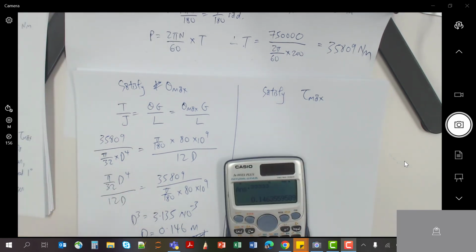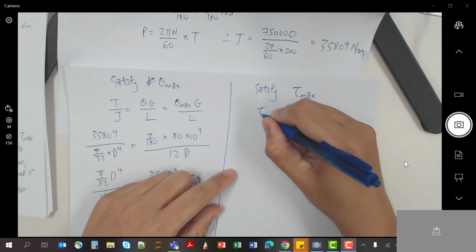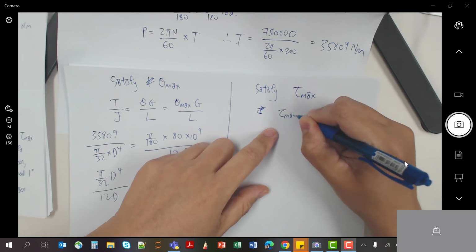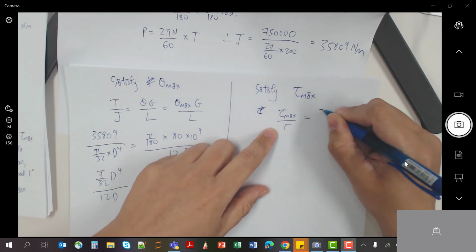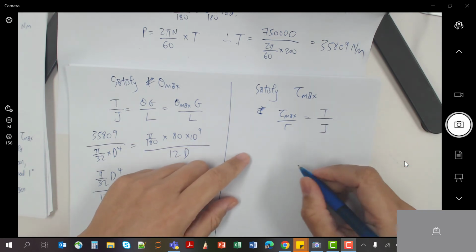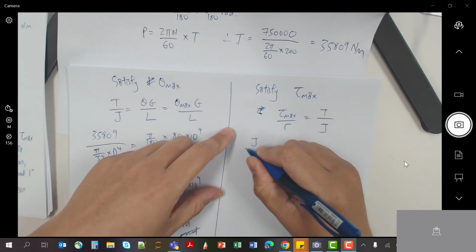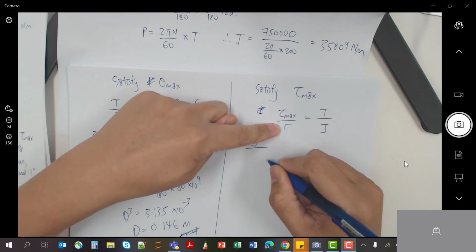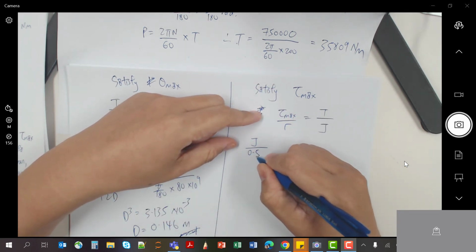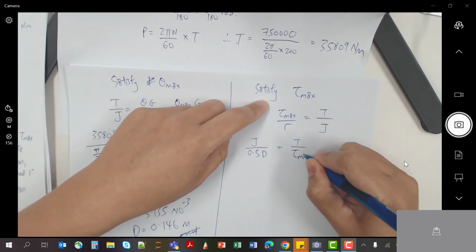Now let's look at the shear stress. The formula you can use is the one related to this: max shear over R equals torque over J. I'm going to shift this around. J over radius, where the radius is half d, 0.5d, equals torque over shear max.